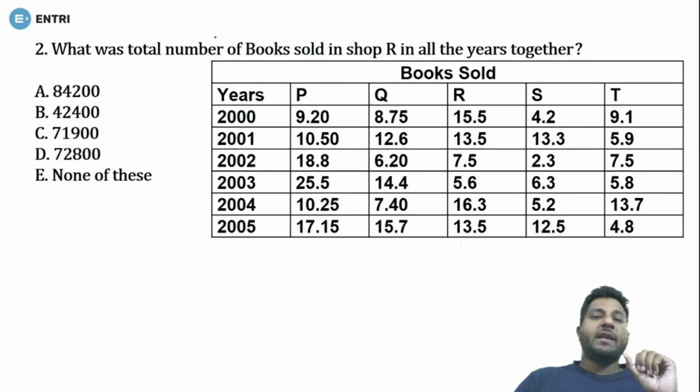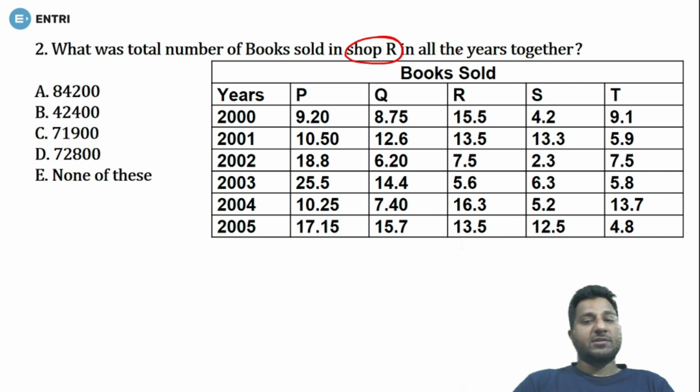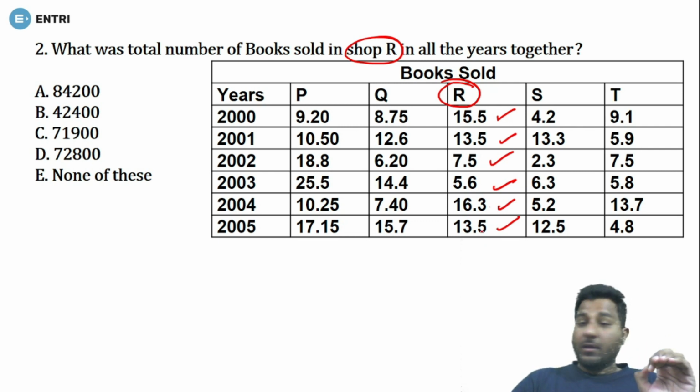Next one says: what was the total number of books sold by shop R in all the years together? So you have to collect shop R from 2000, 2001, 2002, 3, 4, 5. Now calculate it. 5 3s are 8, 8 6 are 14, 14 5 19, 19 5 24, 24 5 29.